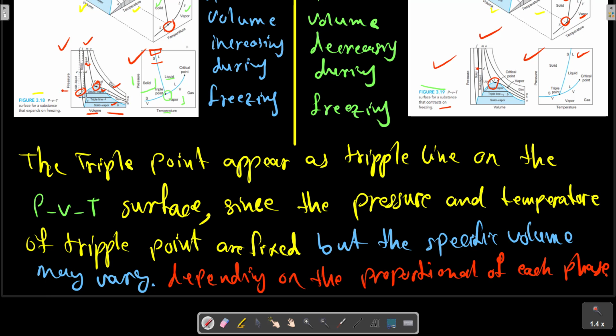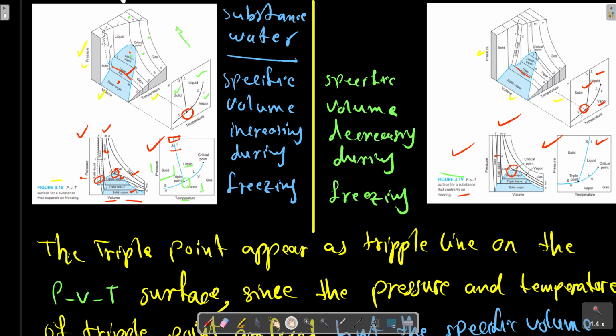Thus, the pressure of the vapor is increased along the constant temperature line A, B, C, D, E, F. And on the pressure-volume diagram, we have the line A, B, C, D, E, F. A substance that expands on freezing first becomes solid and then liquid.